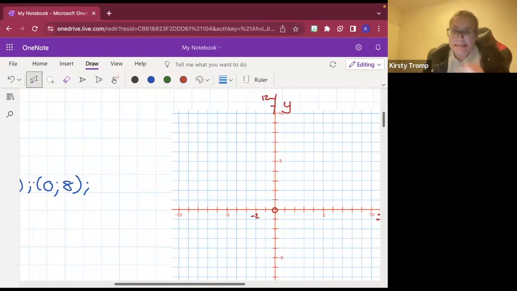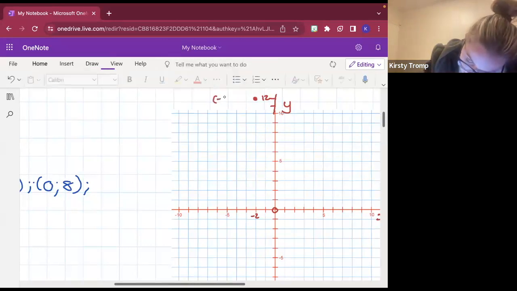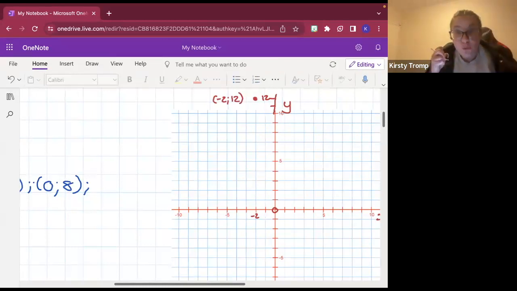But technically, it wouldn't really be accurate to plot this point unless the graph is beautiful. But here we go anyway. I draw my point, and in a bracket, I tell myself this is the point (-2, 12). It is really important that you label your points. If you don't label your points, guys, you're not going to get your marks.